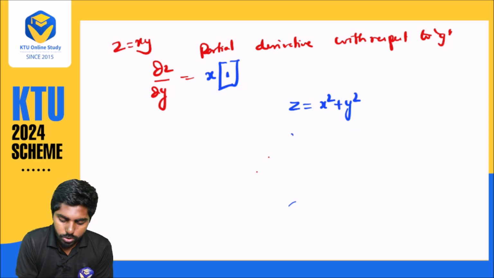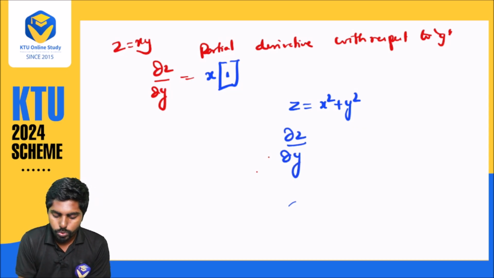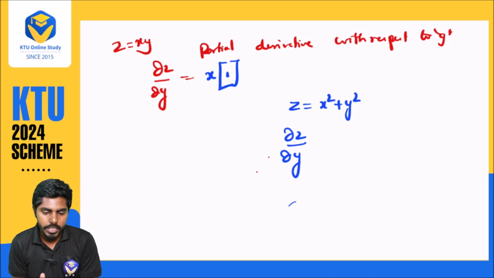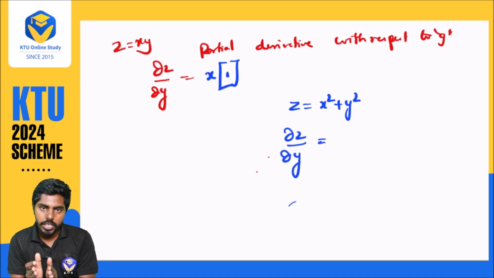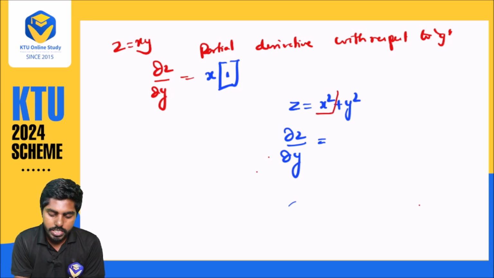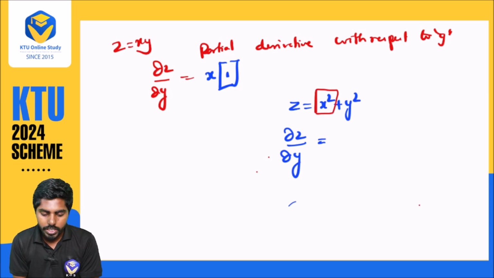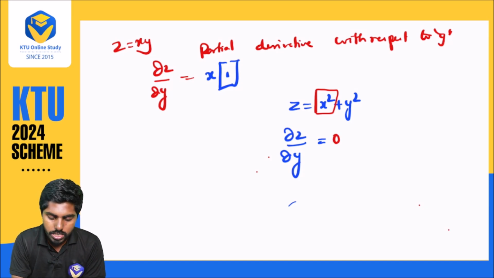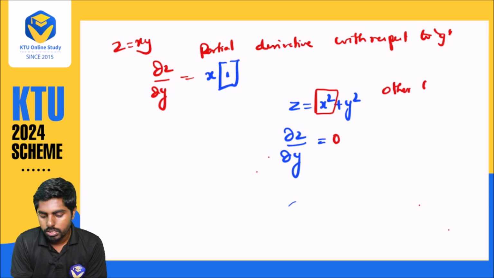What can I do? Dou z by dou y. When I am doing it with respect to y, I want to treat the other term as a constant. When you are differentiating the constant term, it will become 0. Here the other term is x square, so when you differentiate x square it will become 0, because the other terms are constant.